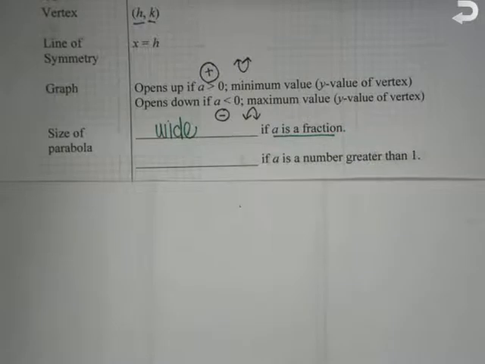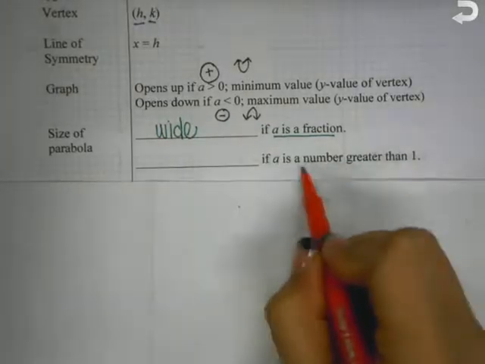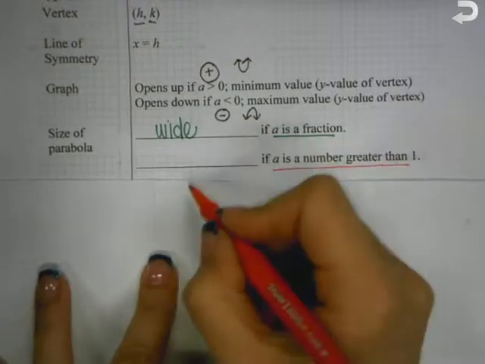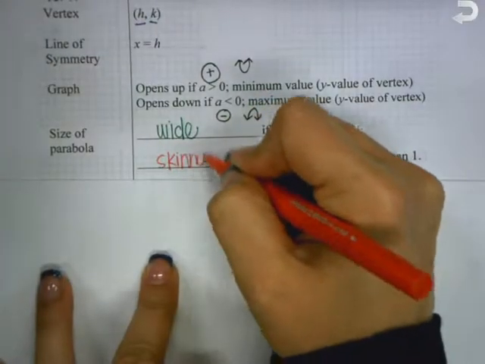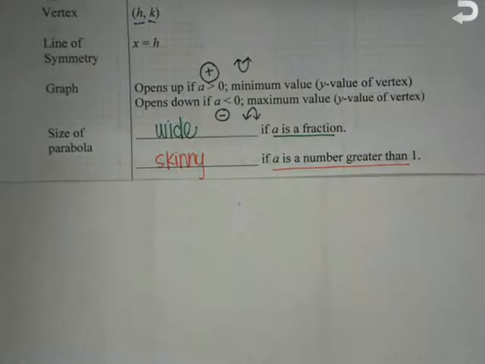Okay, so if we get a number that is greater than 1 for a, our parabola is actually going to be skinny, because that means that it's growing really, really fast. So it's going to be skinny and narrow, more steep. Okay, so we can use that now to sketch our parabolas.